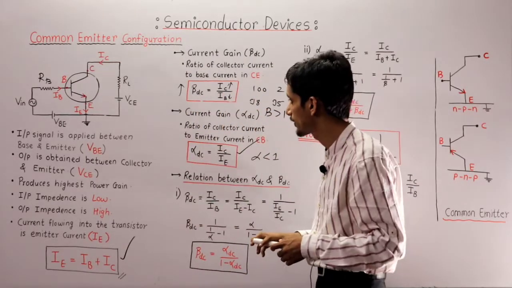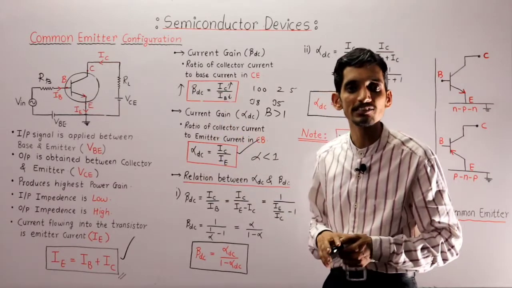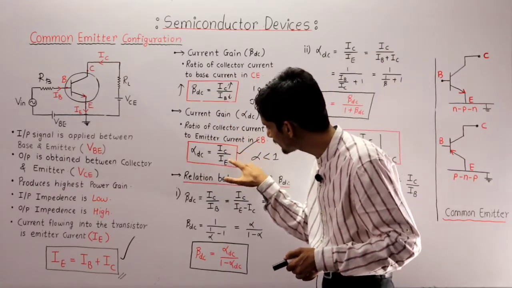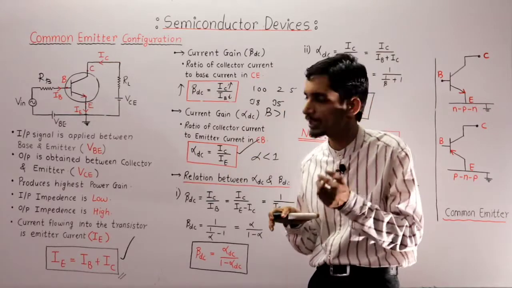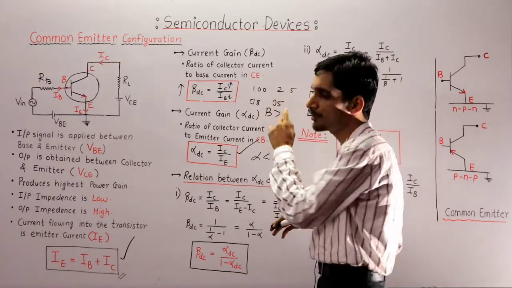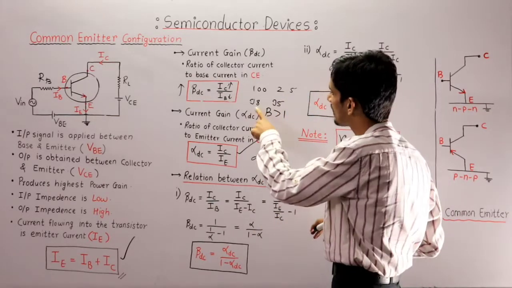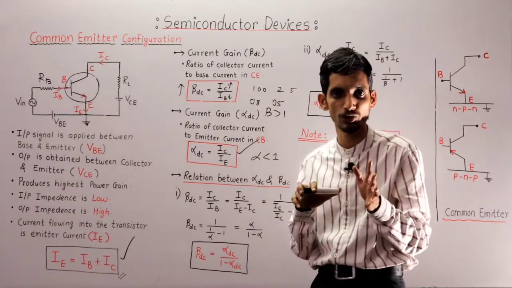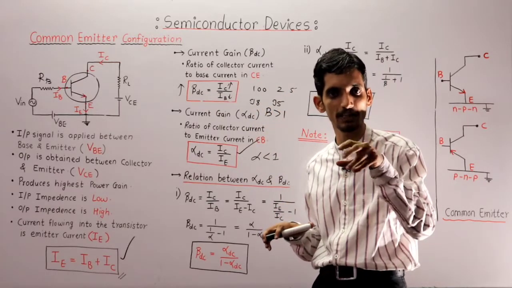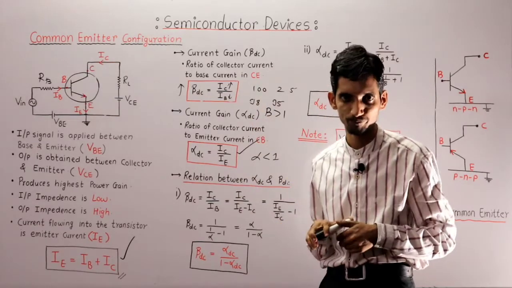Now alpha is less than 1. What is the reason? Because it is a ratio of IC upon IE. Suppose I consider IE as 100, and only 2 electrons recombine. In this case, 98 electrons manage to cross the junction, so there is a collector current. The ratio of 98 upon 100 is less than 1.